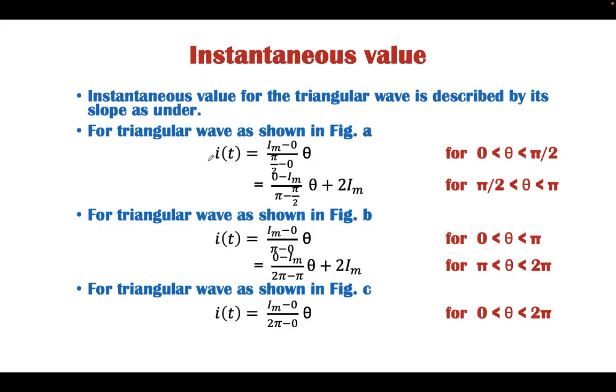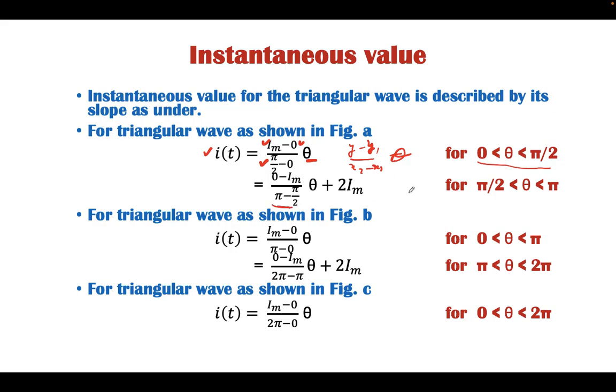Here the maximum value is Im, so the slope is y2 minus y1 divided by x2 minus x1, times theta. Y maximum is Im and the minimum is 0. Along the y axis we take Im, divided by pi by 2 minus 0, times theta, and hence the slope for 0 to pi by 2 will be given by this function.